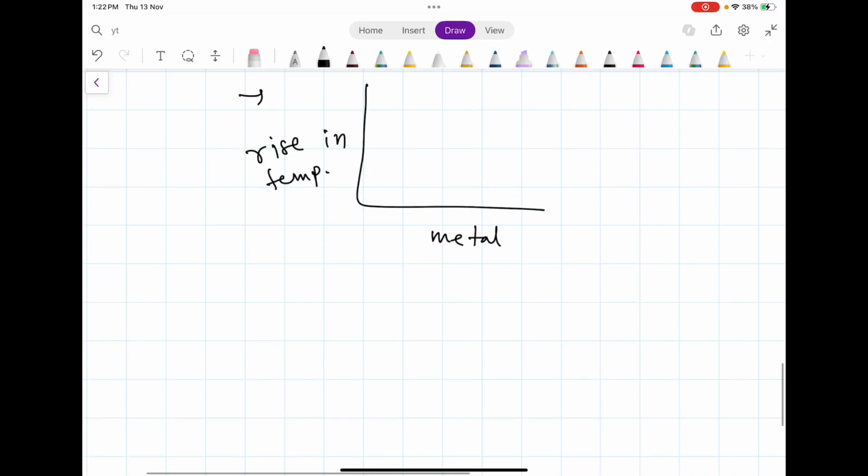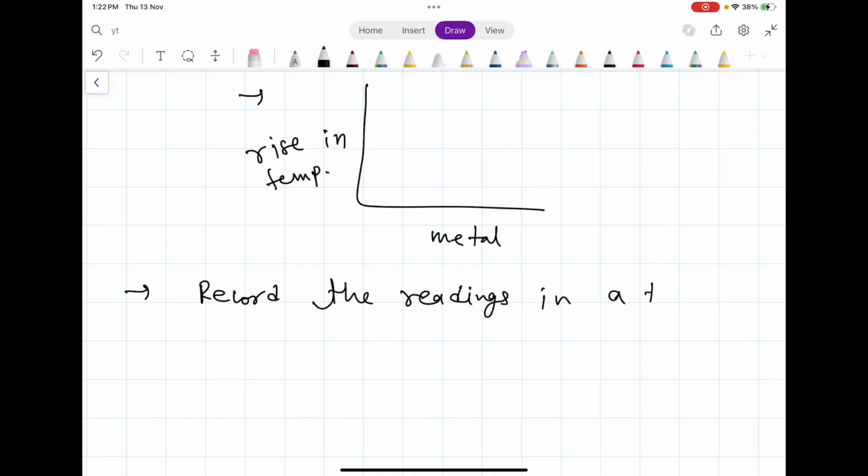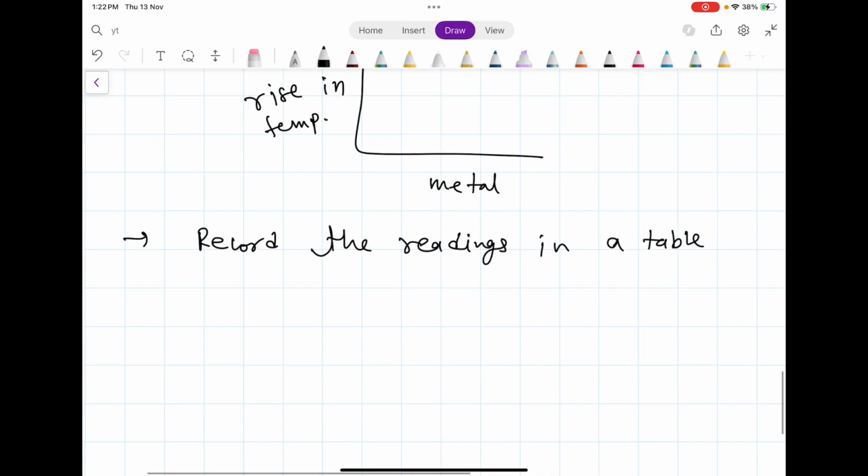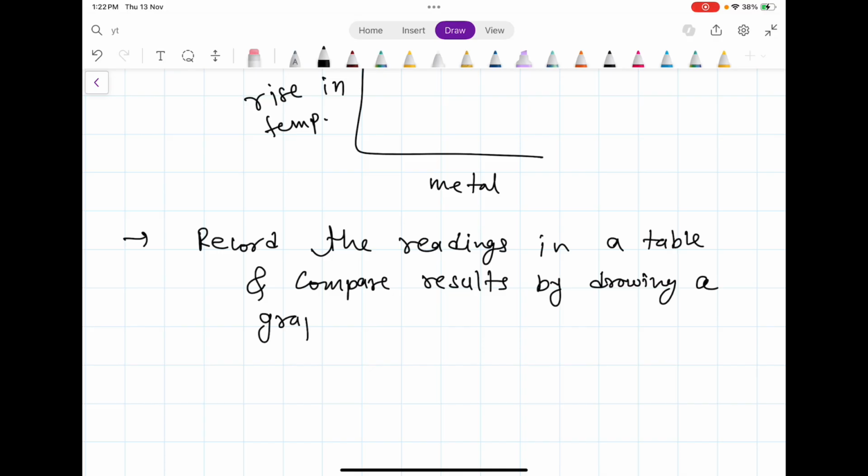You can write: record the readings in a table and compare results by drawing a graph of the metal versus rise in temperature, which I am writing as delta T.